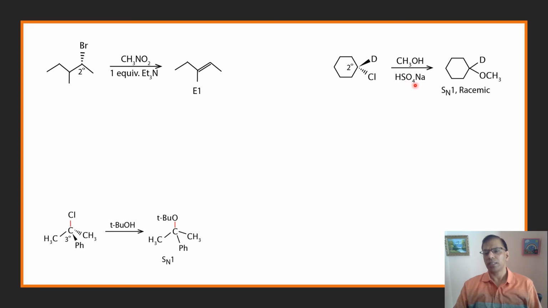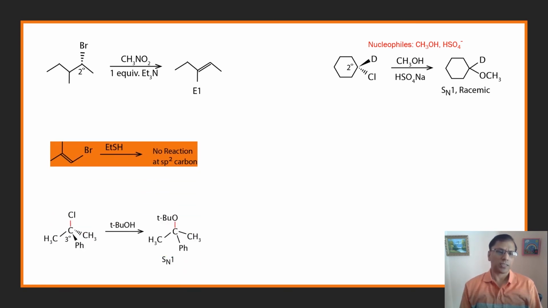The reason it's not a nucleophile is because the negative charge on oxygen is distributed between 4 oxygens, and therefore it doesn't behave like a nucleophile. So the nucleophile in this case will be methanol. And methanol is going to attack the carbocation, which is achiral, and that will result in a racemic product.